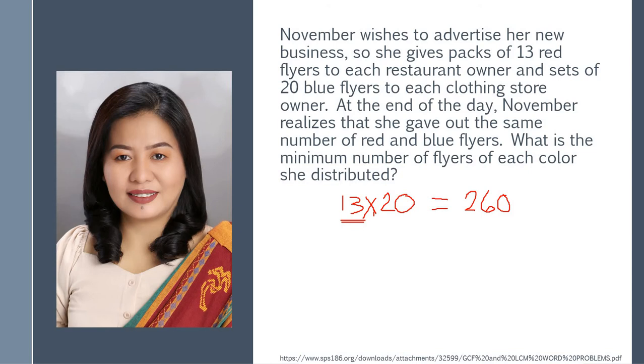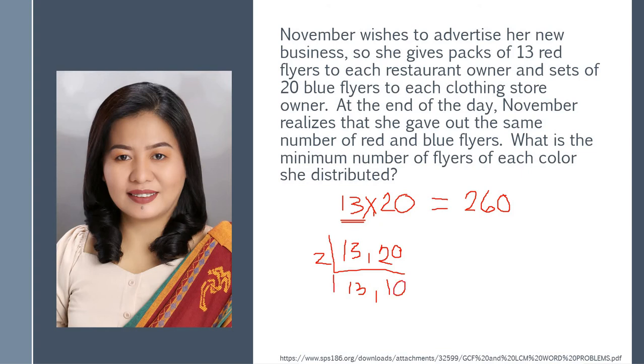So let's try to apply this just to be sure, if you are hesitant to believe that it's 260. So we apply the ladder method. We start with 2. We just bring down 13 because we cannot divide it by 2, and that's 10.